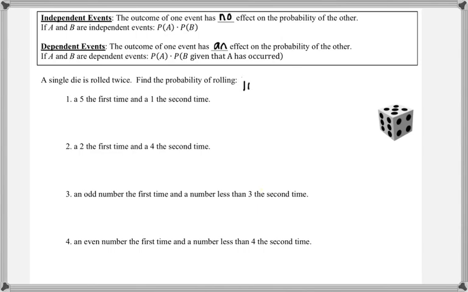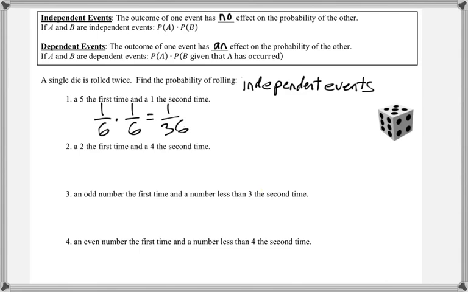So these are independent events. So a 5 the first time is 1 over 6, and a 1 the second time is 1 over 6. So if we multiply these, we get 1 over 36.